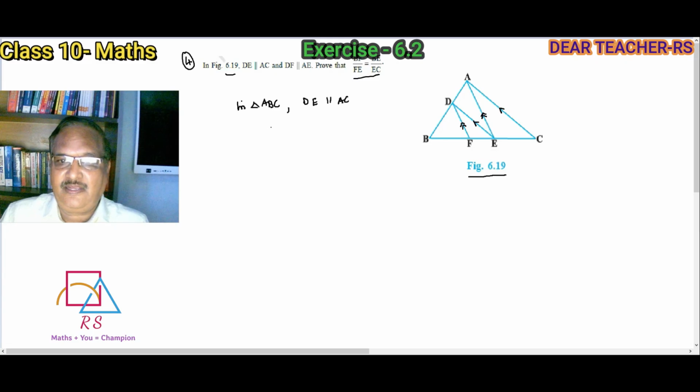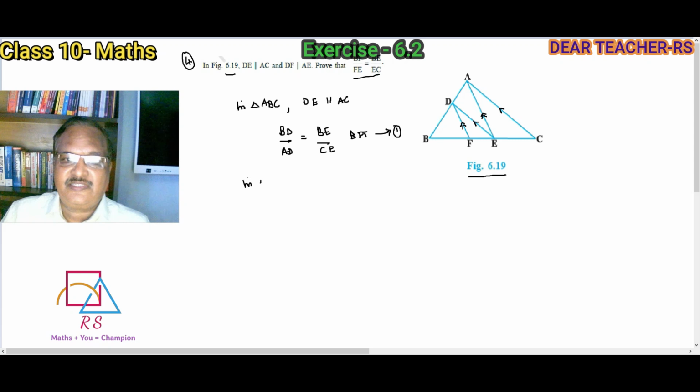So let us apply BPT directly. So BD by AD is equal to BE by CE. This is BPT, the basic proportionality theorem, first equation.